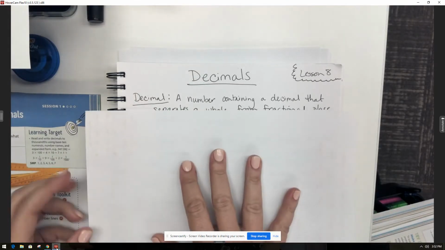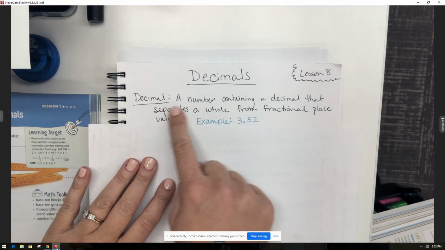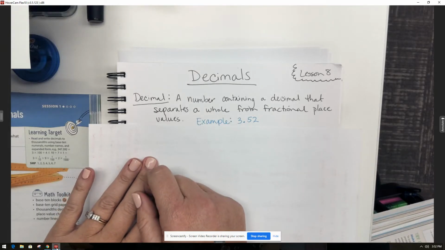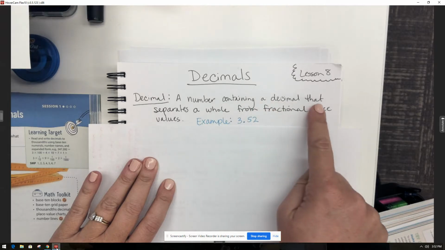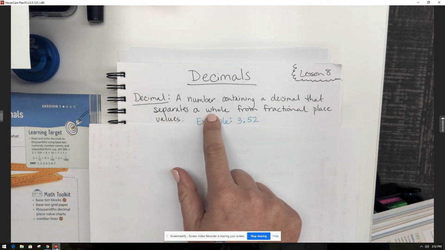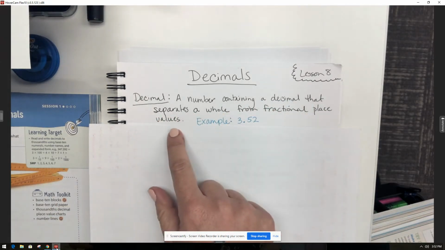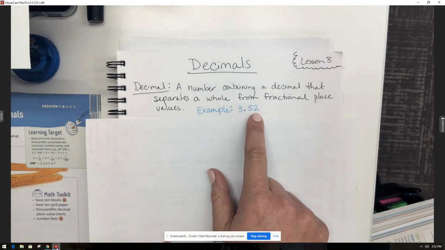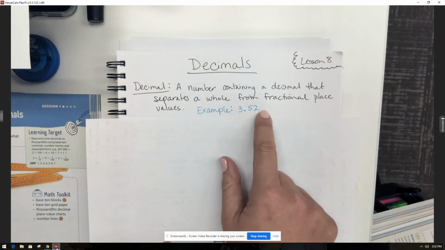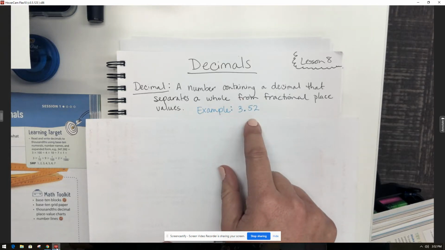So the first word that I'm going to go over is decimal. We actually had this word the last session as well. A decimal is a number containing a decimal point that separates a whole from fractional place values. So the example that we used is 3 and 52 hundredths. This whole thing is called a decimal.